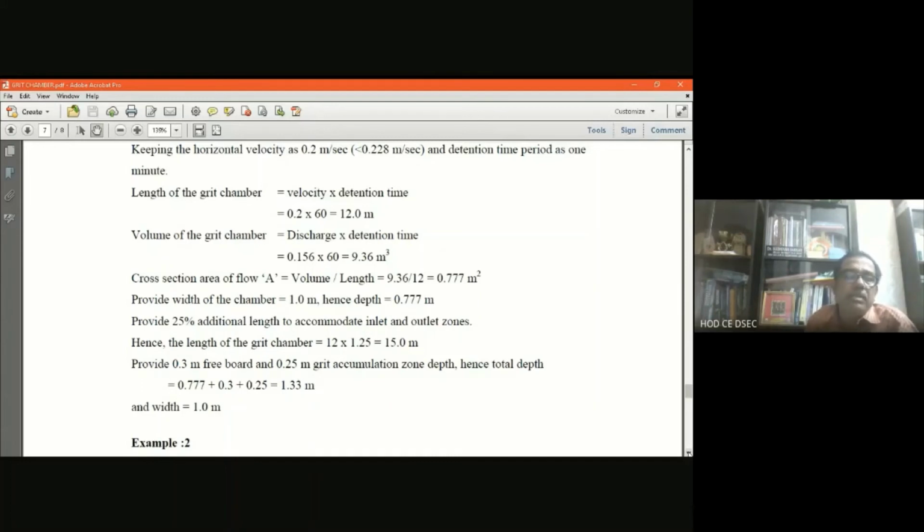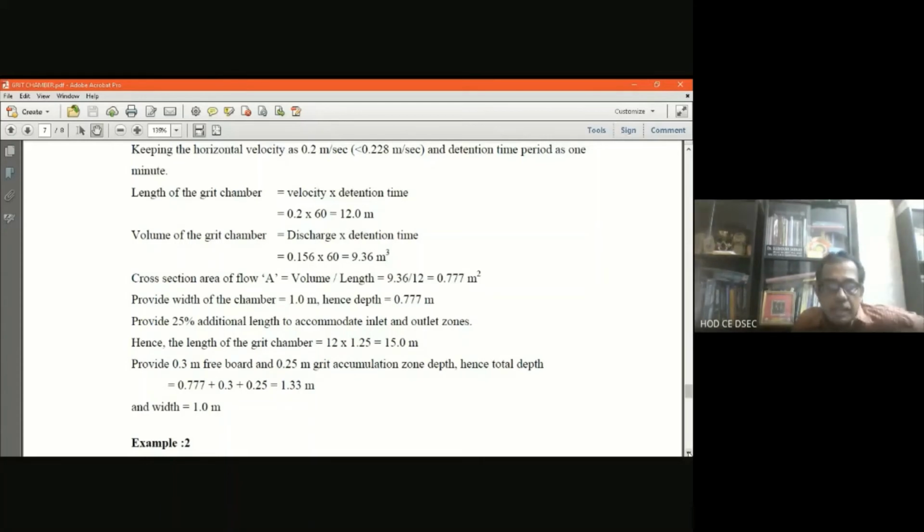So we get the depth of the grit chamber as 1.33 meter, and the width we have assumed is 1 meter. Something you have to assume in the design. So finally we have calculated the grit chamber length is 15 meter, width is 1 meter assumed, and depth is 1.33 meter. So this is a very basic numerical sum I have discussed on the grit chamber.